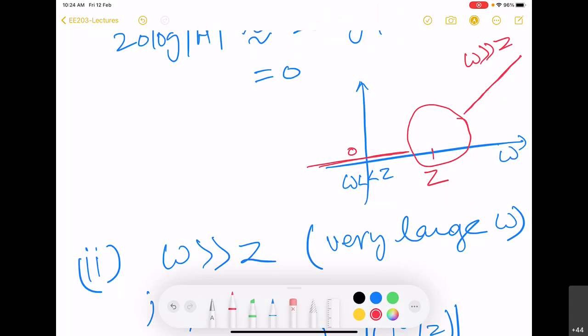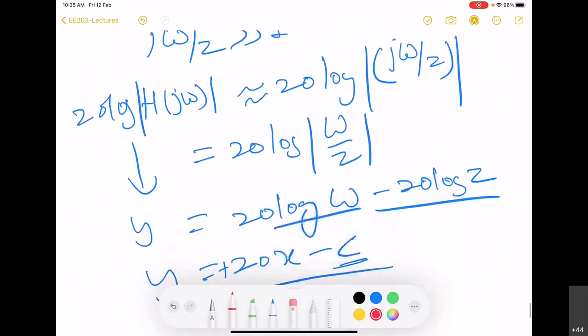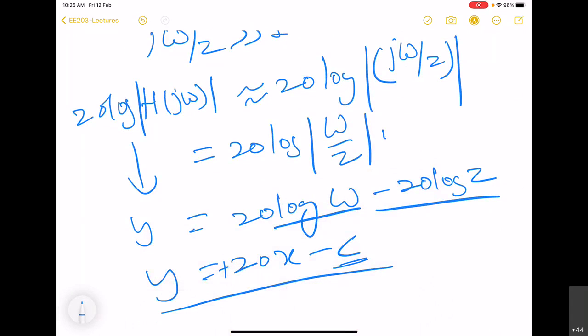So this is where approximation will be involved. So what is done is that we extend these two plots, right? We extend these two plots and allow them to intersect, and it will intersect at the location of 0. Why? Because you can see that the equation is this one.